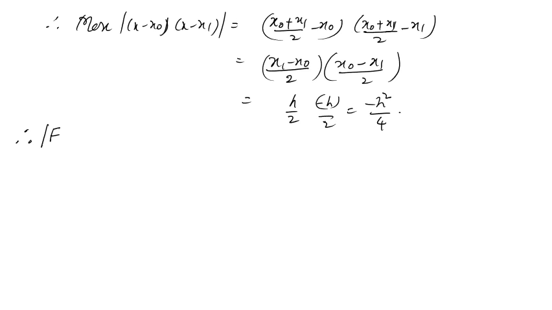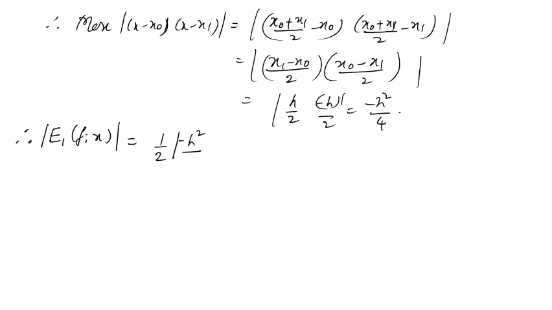Therefore the modulus of the error is equal to 1/2, already there, and modulus of minus h square by 4, so totally you will get h square by 4, times delta square f naught by 2h square.